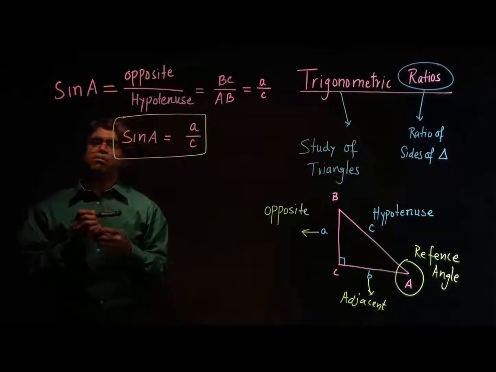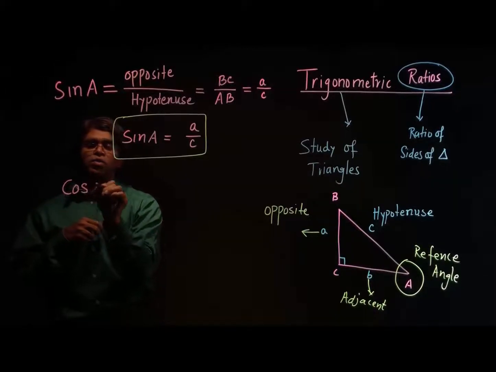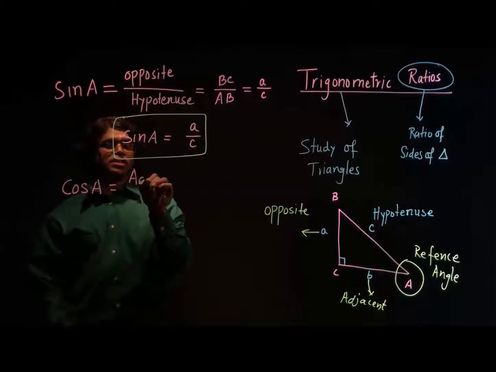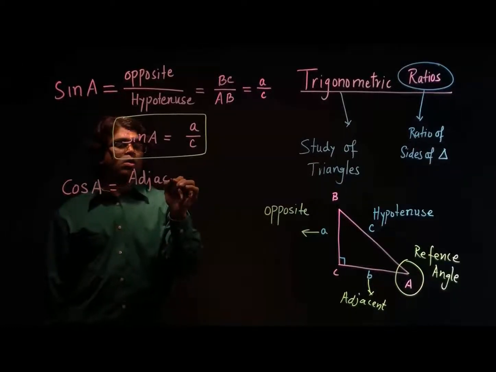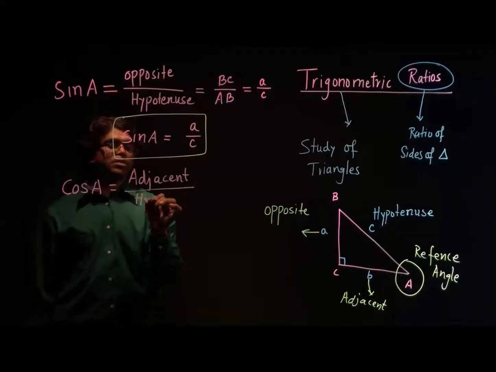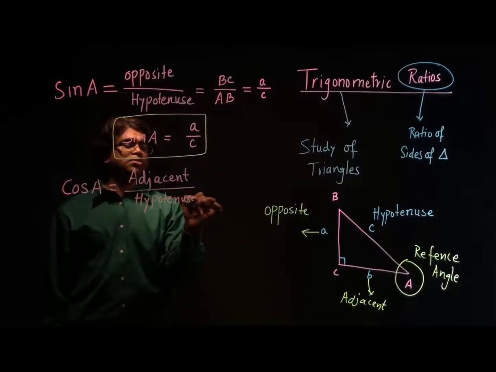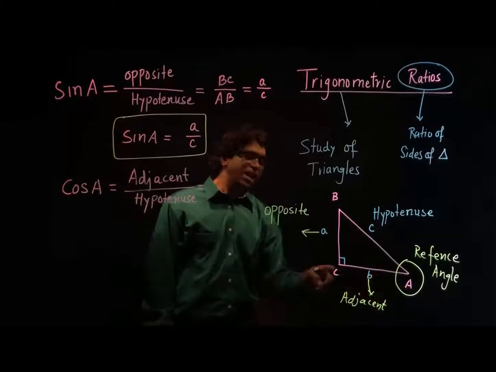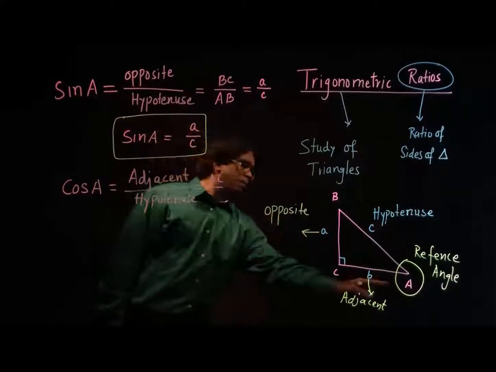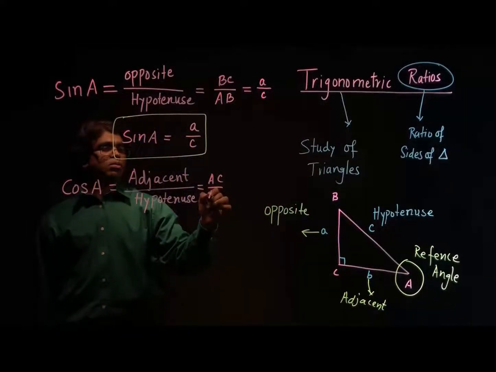Now, let's talk about the second trigonometric ratio, which is cosine of A, and cosine is adjacent over hypotenuse. If you look at the triangle, adjacent is AC, and my hypotenuse is again AB, so I write AC over AB.